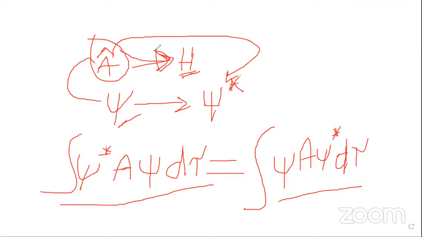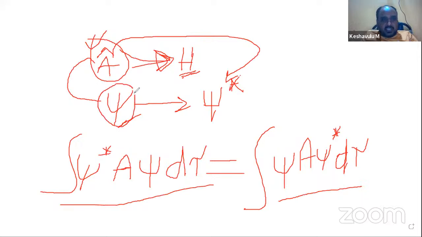Yes, sir. Then we want to know some concepts of eigenfunctions and eigenvalues, right? Same operator, same wave function psi. How can we define the properties of eigenfunctions and eigenvalues?